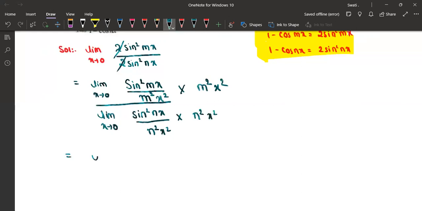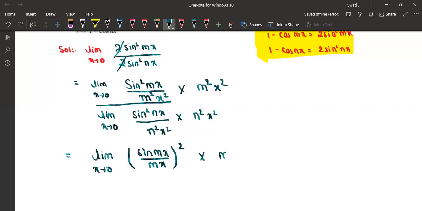Now I can write this as limit x tends to 0. This sine square mx, I can also write as sine mx whole square, and this m square x square, I can also write as mx whole square. Very simple.